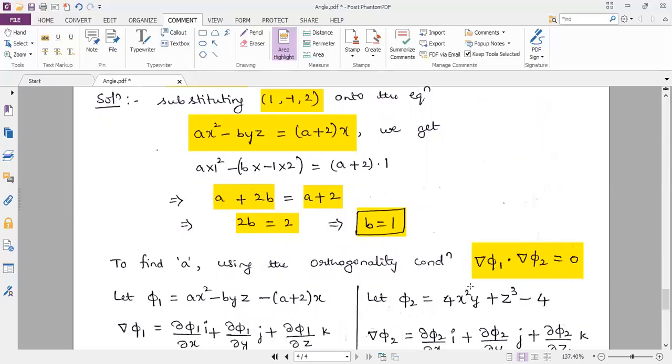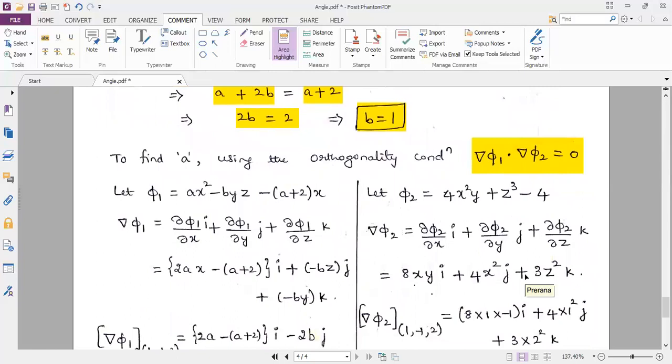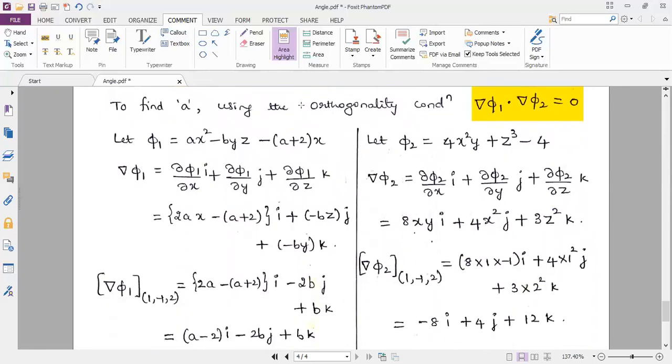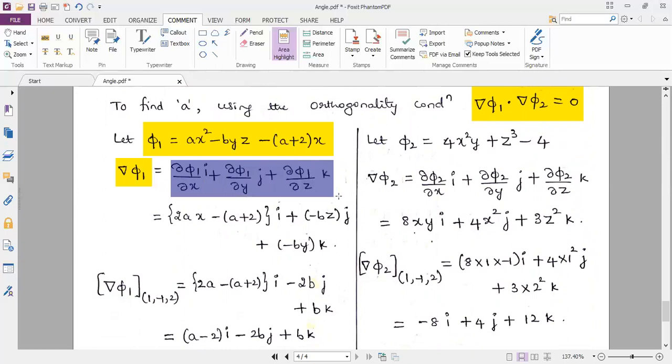So let us find grad φ1 and grad φ2 at the given point. Firstly, denoting φ1 as the first surface, ax² − byz − (a + 2)x, grad φ1 is given by ∂φ1/∂x i + ∂φ1/∂y j + ∂φ1/∂z k.